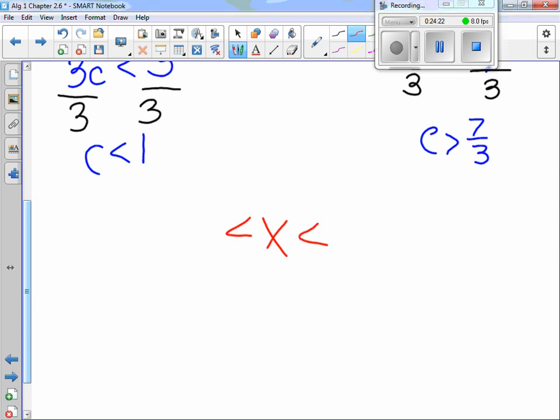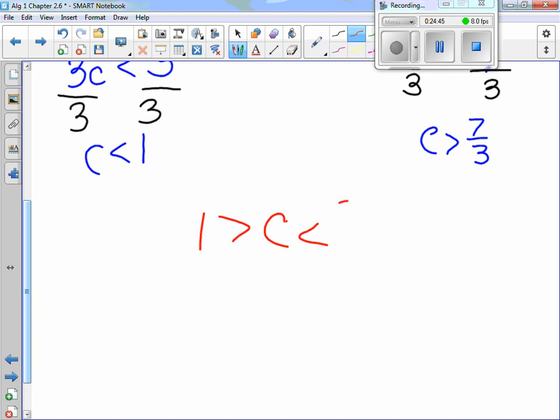So it's not equal to, so we don't have the equal to sign. So we can write this as one statement. So what's the smaller number? 1. So x is bigger than 1, yes? Or, well, here it's not x, it's c, yes? Is that what we have here? No. It's this way, isn't it?